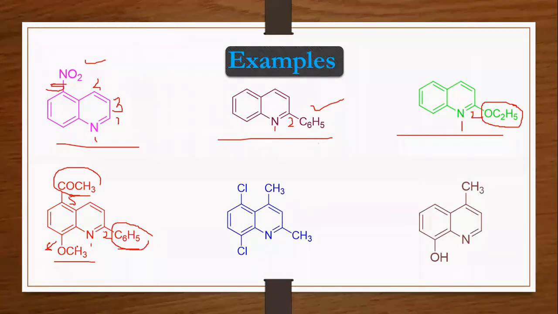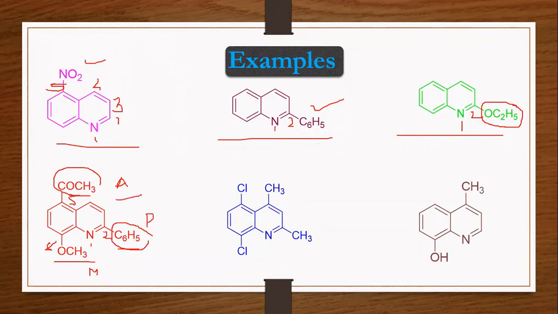Okay, now we have to arrange these substituents alphabetically. Which will come first? It is acetyl, A. Then it is methoxy, M. And here is phenyl. Okay, which will come first?